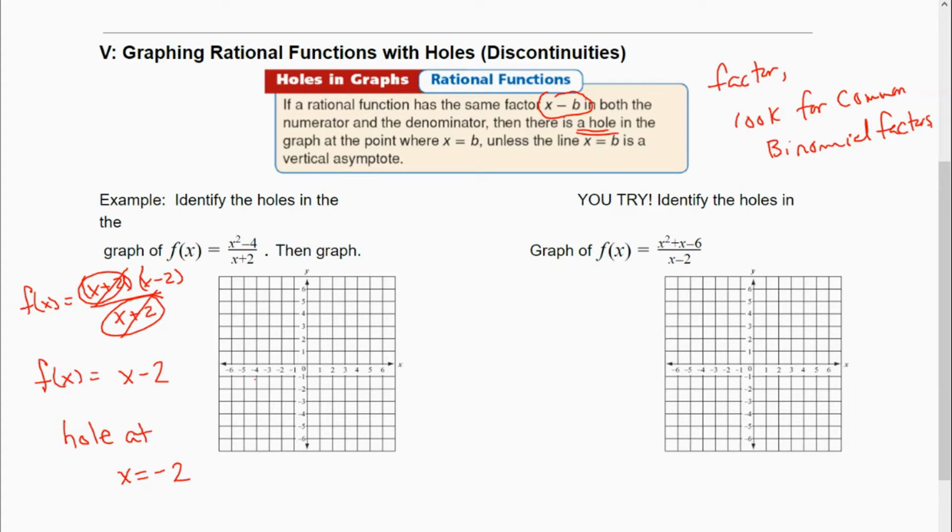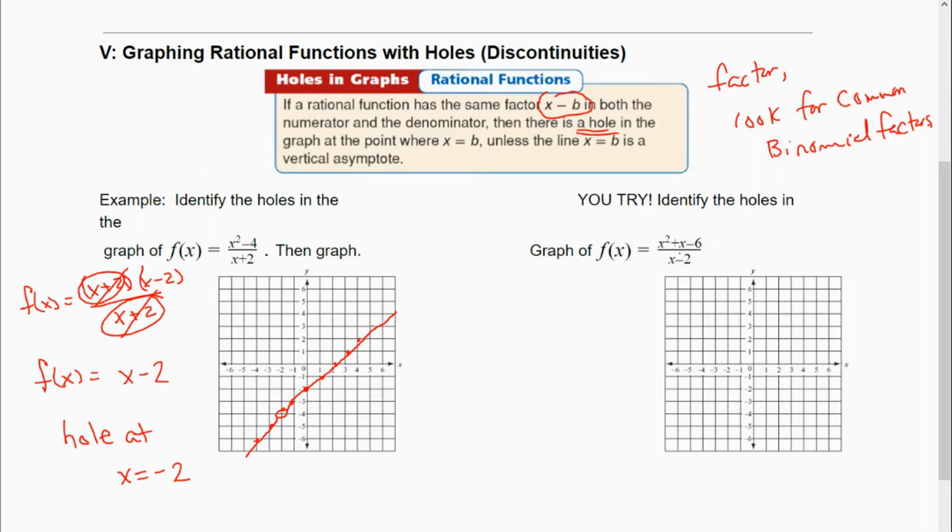If we were to graph this, we would start at negative 2 because that's our y-intercept. And then we would have a slope of 1. So we'd go 1 and 1 and 1 and 1 in this direction. And we would go this way also, but at negative 2, there is actually a hole. So it doesn't include negative 2. And our graph would look like this. There's a hole. Okay. All right, let's move on.